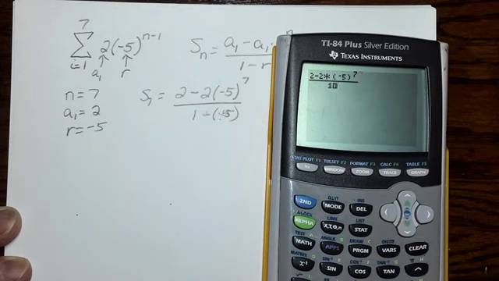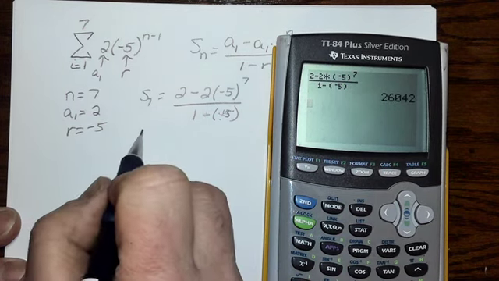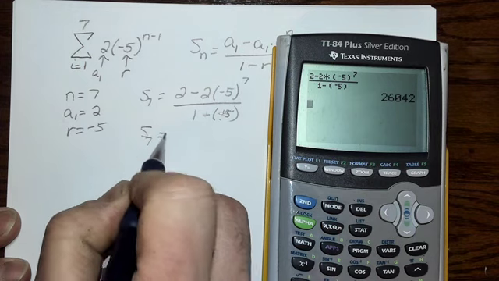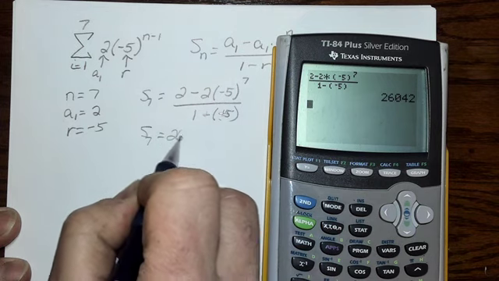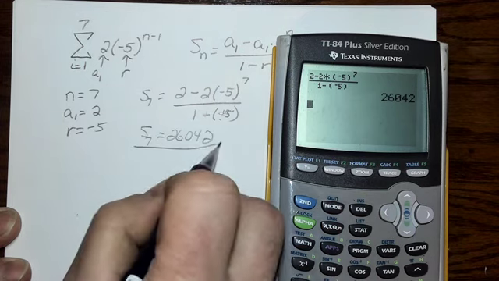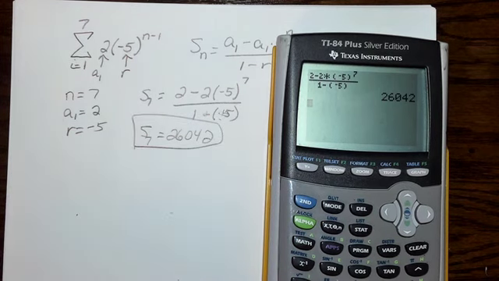And over that, that's 1 minus parenthesis negative 5. And the answer is 26042. And there's my answer.